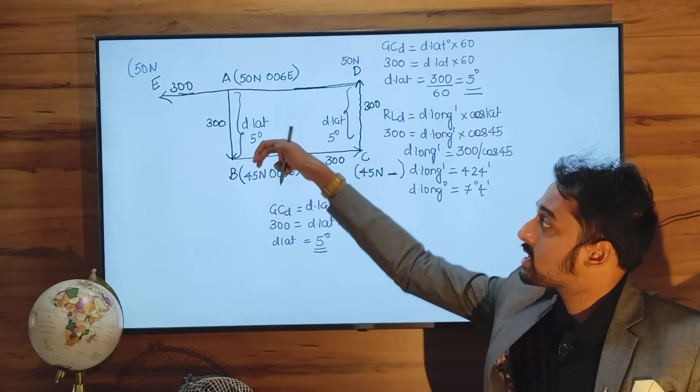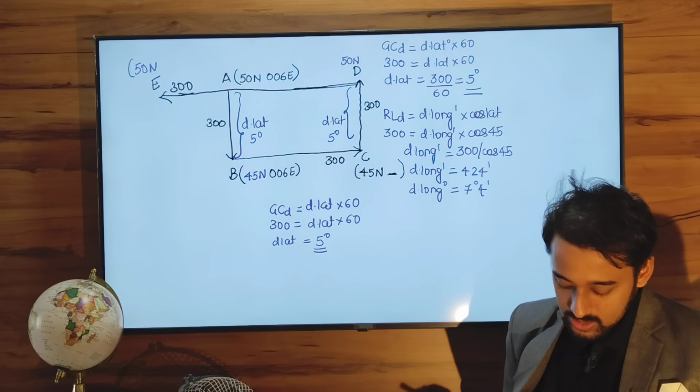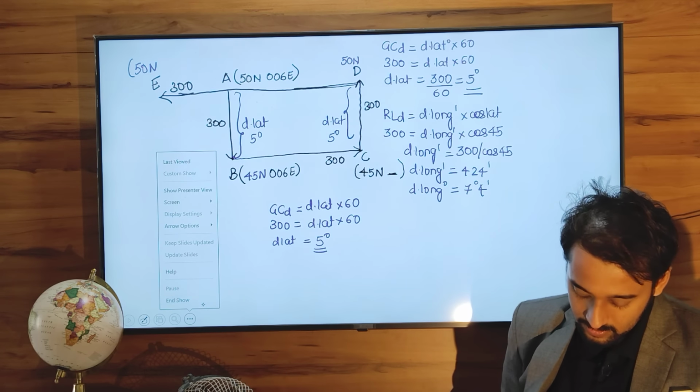Now why have I stretched this point up to that point, not up to here? Because I will take a new slide to explain, if you know the concept well.